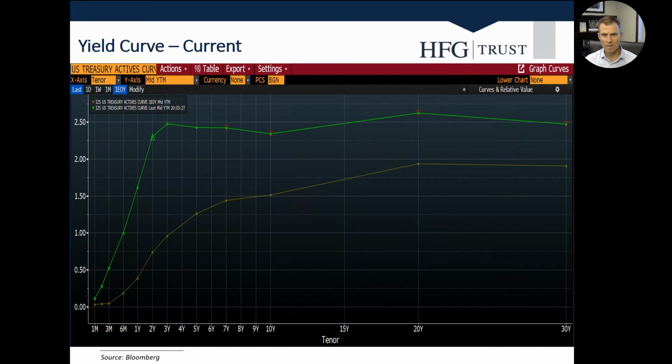And it's not entirely inverted. In this case, the inversion that we're talking about is referring to the difference between the 2-year yield and the 10-year yield. So I will highlight those just to show where we are focusing right now. There we go.